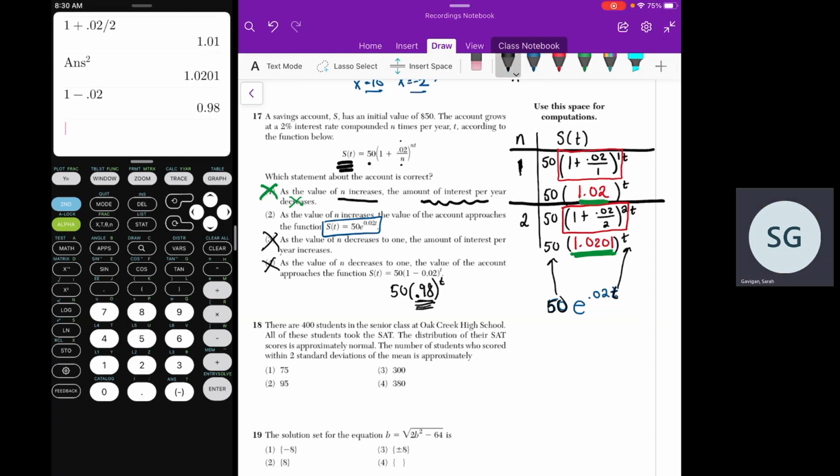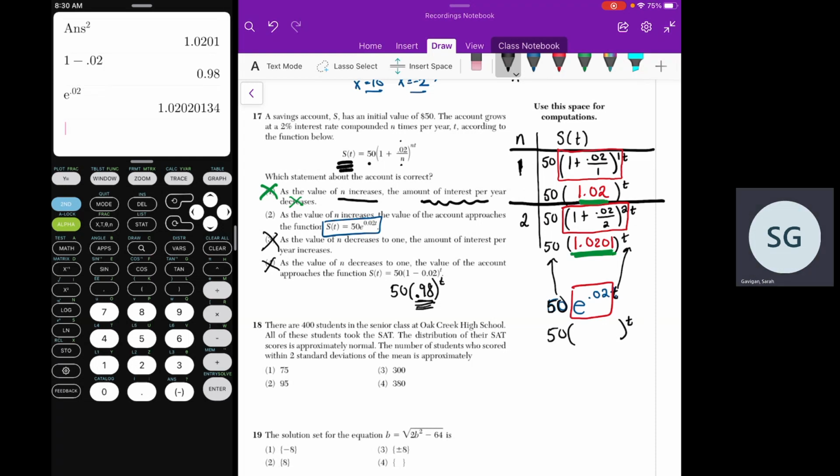So if I do that same thing with my red and just evaluate this, the E button is second divide. The second divide is where E is. Or you could do second ln, and then it gives you the exponent. So it's in two different spots on your calculator. I'm doing second divide and then the caret button, 0.02, and I'm going to hit enter.